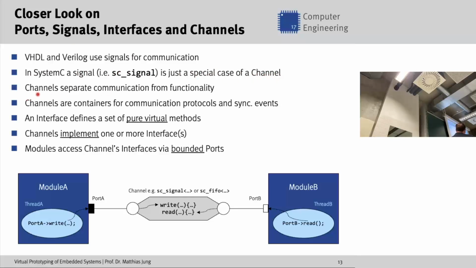Yeah? And channels separate communication from functionality. So we have here a component that has a thread, SystemC thread, that does something. And there's another module that also has a thread that also does something, and they can communicate with each other by a signal. And the signal is just a channel, yeah?